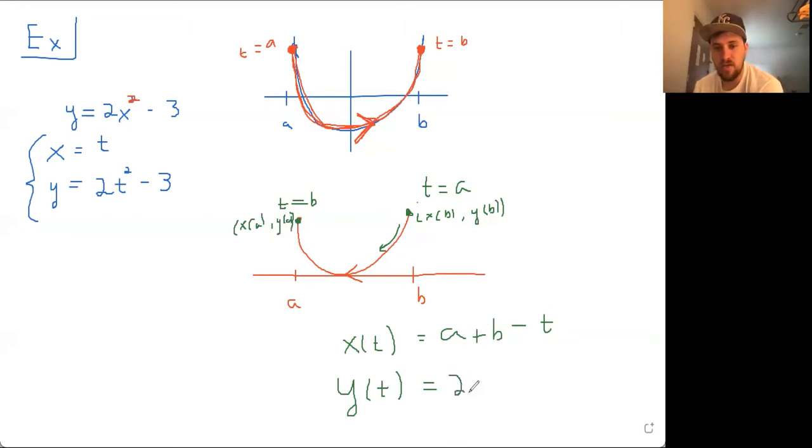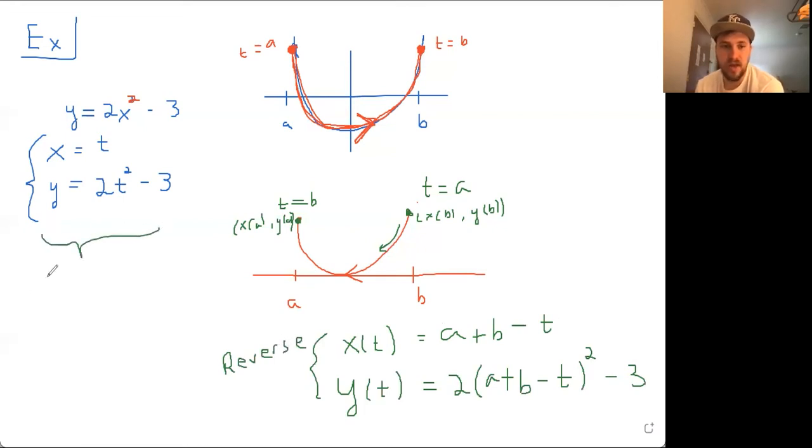So this would be 2 times a plus b minus t squared minus 3. And so you can use this parameterization. This gets you the reverse parameterization, whereas we could call this one the standard, or forward if you'd like.